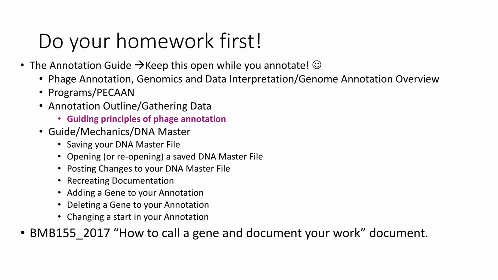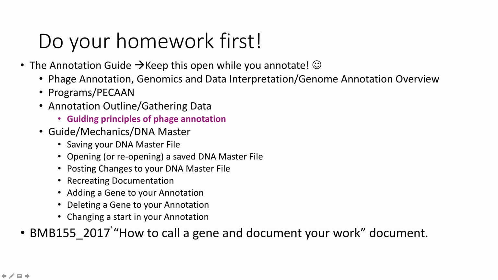So I want to emphasize that before you watch this video, it's really important that you do the reading assignments. This is the reading assignment for the next three videos. You need to read the annotation guide and pay particular attention to the guiding principles of phage annotation, which is what we're about to cover now, and later on pay attention to these sections in the Mechanics of DNA Master.